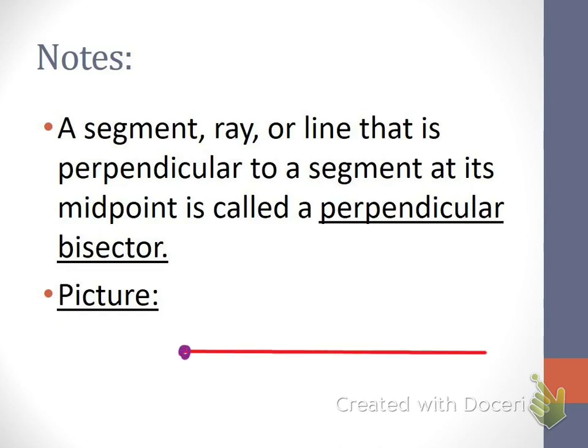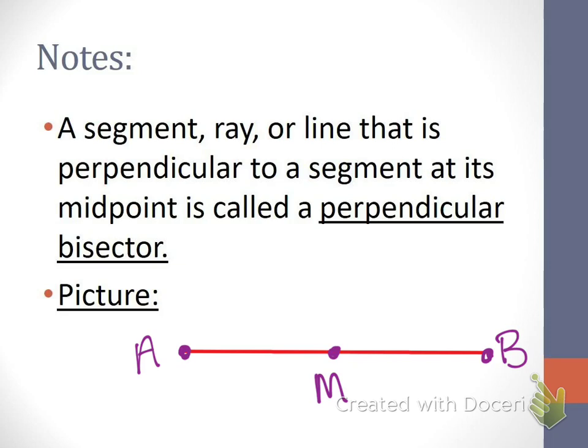We'll call this segment AB. The perpendicular bisector could be another segment, it could be a ray, or it could be a line, but it's going to intersect AB at its midpoint, so we'll call that M.